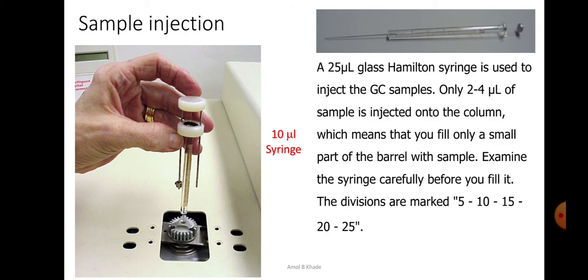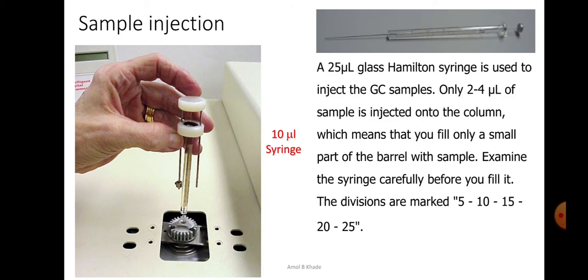Usually the sample can be manually injected using a Hamilton syringe, or you can inject using an auto sampler. If you want reproducibility, you should go for the auto sampler, and if you are interested only in qualitative analysis and not much reproducibility or great accuracy, you can go for manual injection.